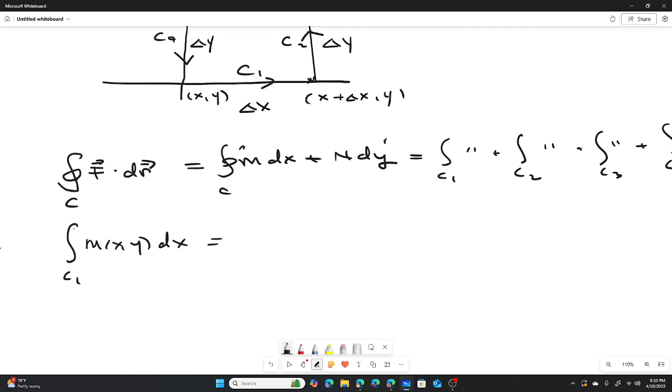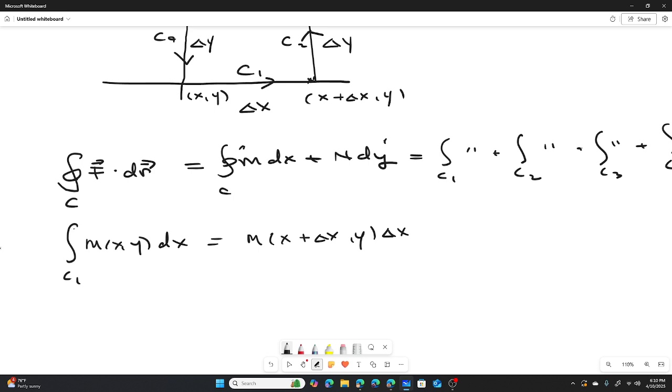The change in distance will be delta x, and we're really thinking about m times x plus delta x, y, times delta x, because it's moving in the right direction.